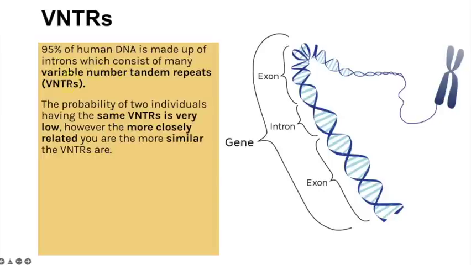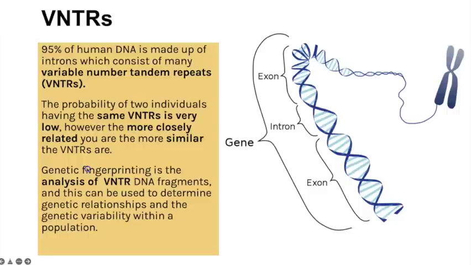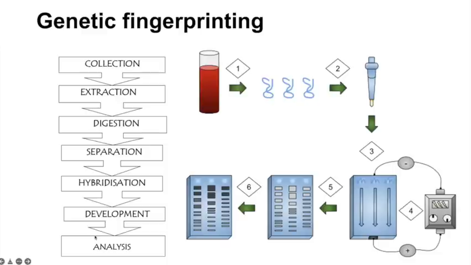And what this means is you have sequences of DNA just repeated over and over and over. And the probability of two different individuals having the same VNTRs is very, very low. However, the more closely related you are, the more similar your VNTRs are. And therefore, genetic fingerprinting analyzes the VNTRs in your DNA, and it can use this to identify genetic relationships and also variability within a population.